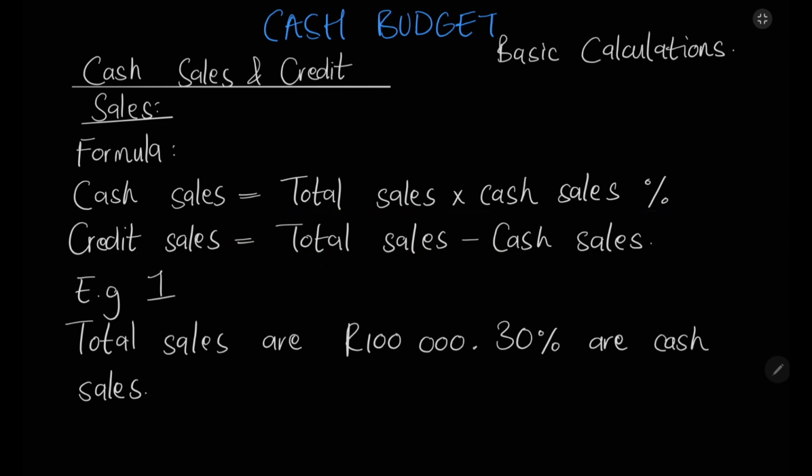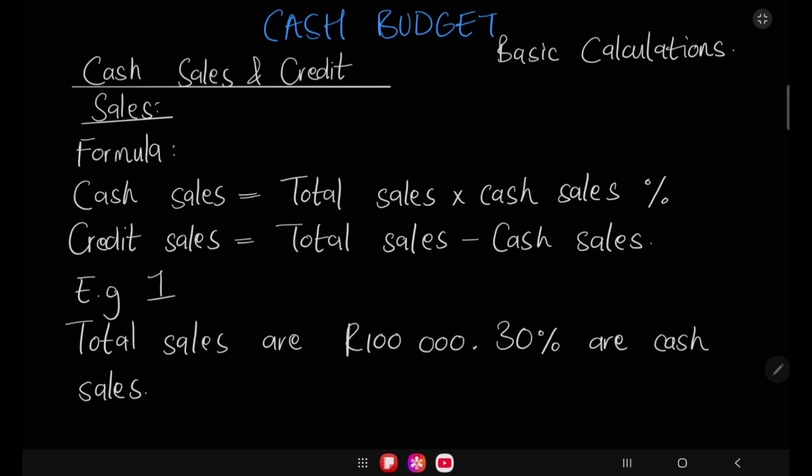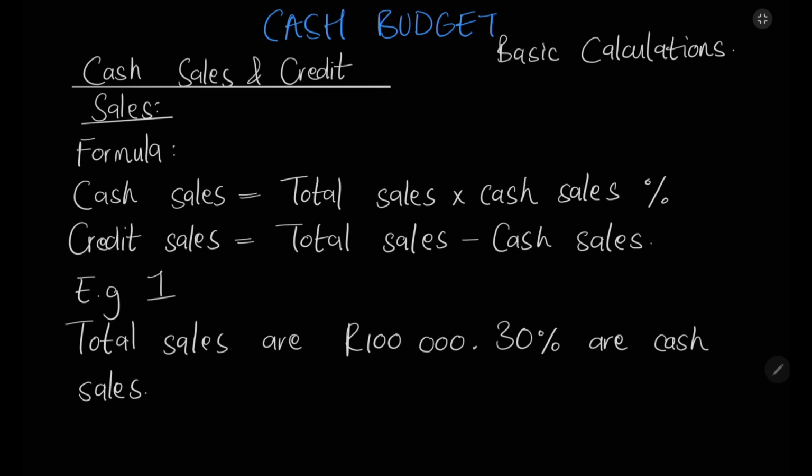Now, for cash sales, if you have to find the percentage, we'll take the amount that we've been given and multiply it with the cash sales percentage, basically the percentage that we have. In terms of the credit sales, if it's a bit confusing, remember in a business, there are two ways in which you can sell something: on cash or credit.